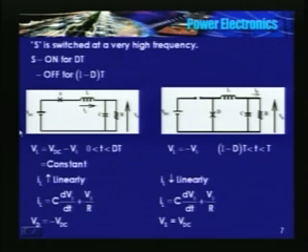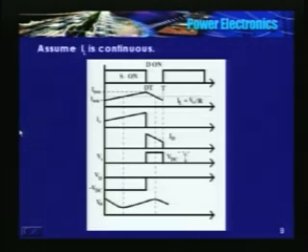Now, how does the variation look? Here S is on for D into T. IL is continuous during this period, and then this is the second cycle. When S is on, the voltage across the inductor is VDC minus V naught, which is positive, so IL increases linearly.